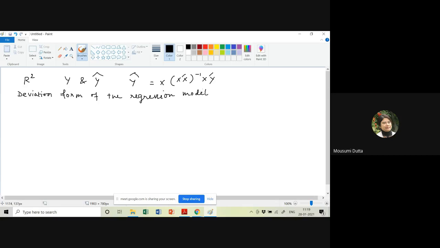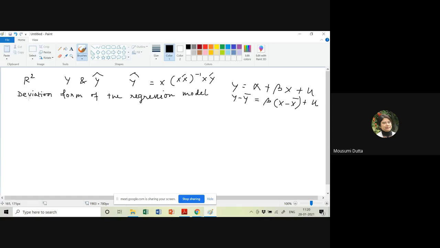Suppose originally the model was y is equal to, say, alpha plus beta x plus u, and I am writing the model in terms of deviation form. This is also u_i because u bar is equal to 0. So this format we are considering, deviation form we are considering.